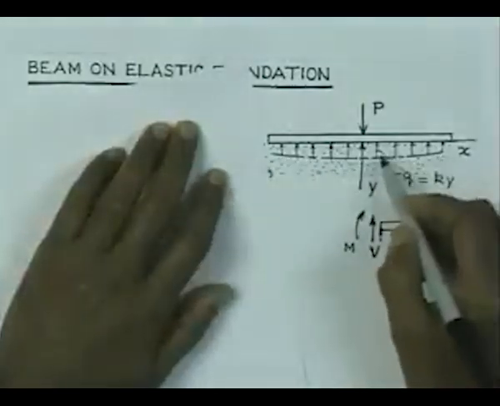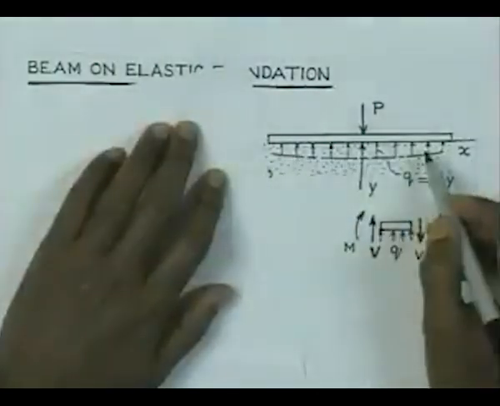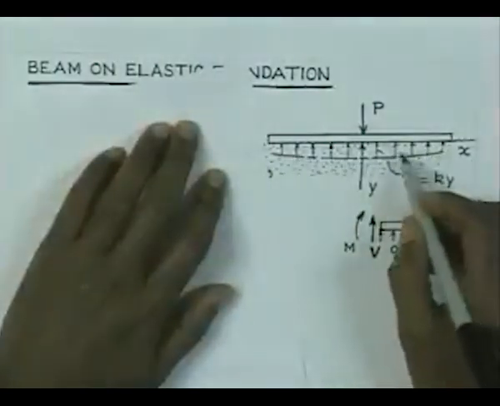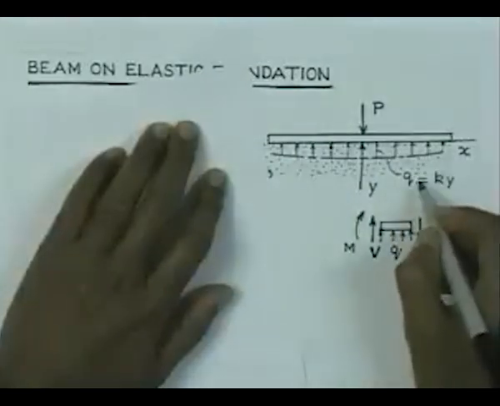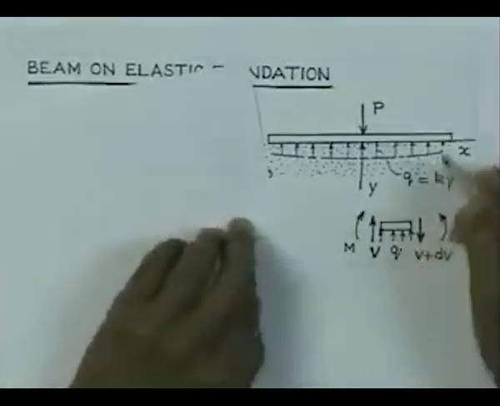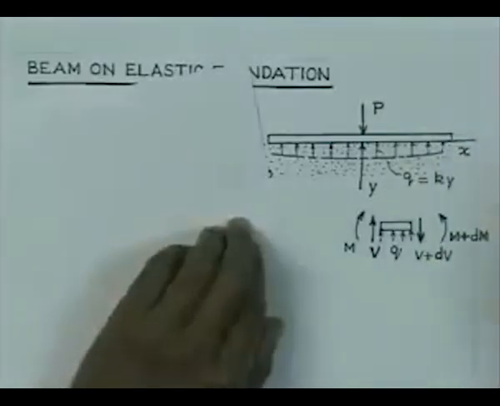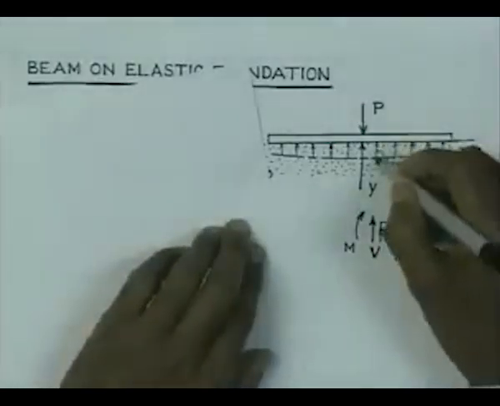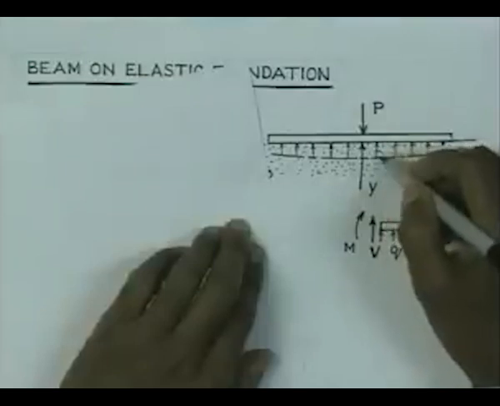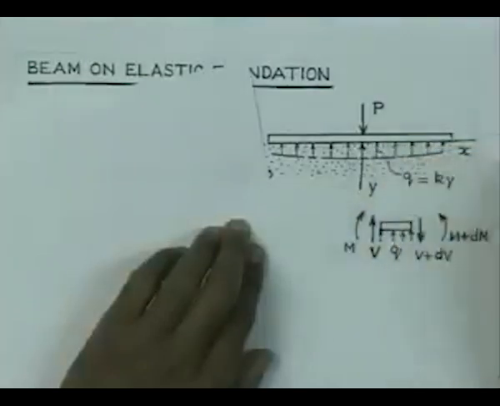Let us consider that the reaction of the support is going to vary like this. Let us say arbitrarily we assume that the variation is proportional to the deflection that comes up in the local region. So, if you are considering the reaction here, it is of magnitude k into y, where y is the deflection there.